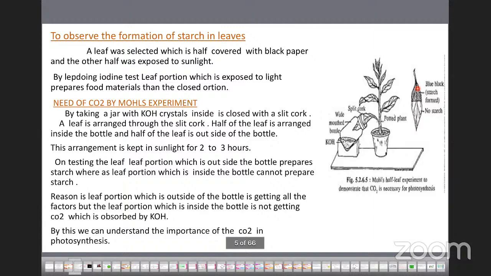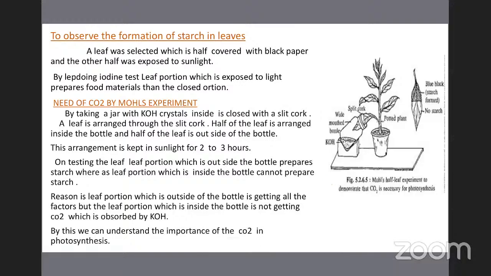The outside half gets all four factors. That's why it performs photosynthesis and turns blue in the iodine test. That experiment is called Moll's half-leaf experiment, which proves that CO2 is necessary for photosynthesis. This was explained in our previous class.